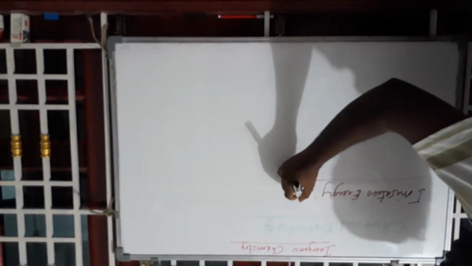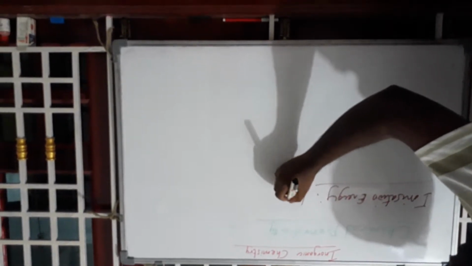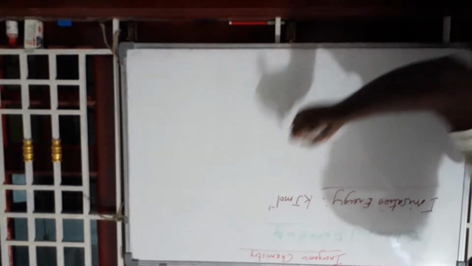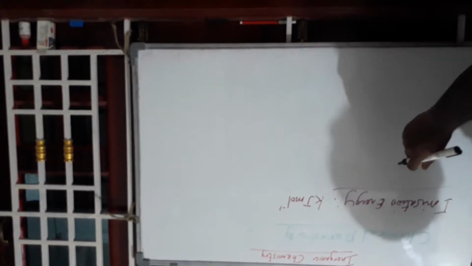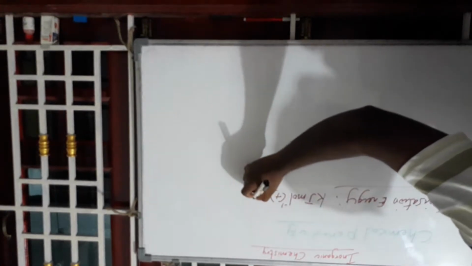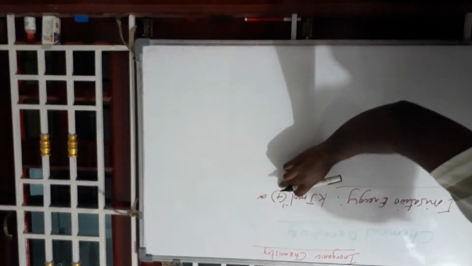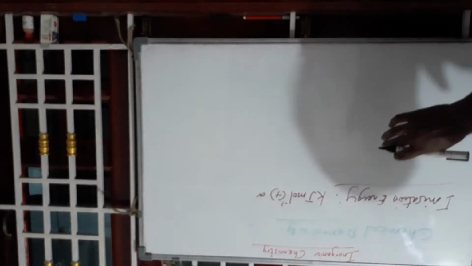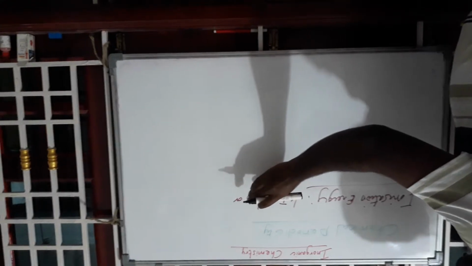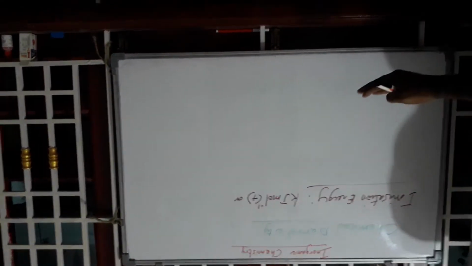The unit of ionization energy is kilojoule per mole. It is positive because energy is required.